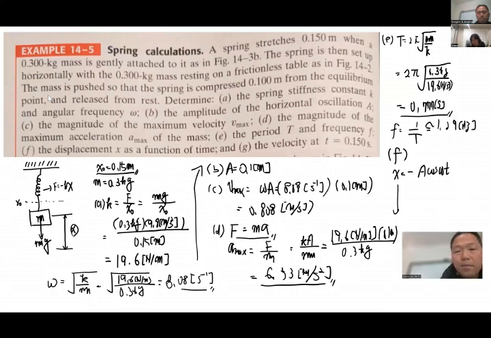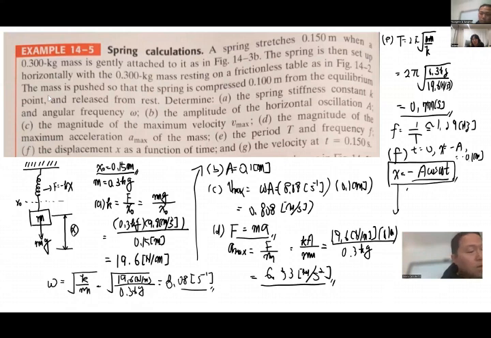So basically, here t is 0 and x is minus A, which is minus 0.1 meter. So basically that leads to the displacement equation like this.